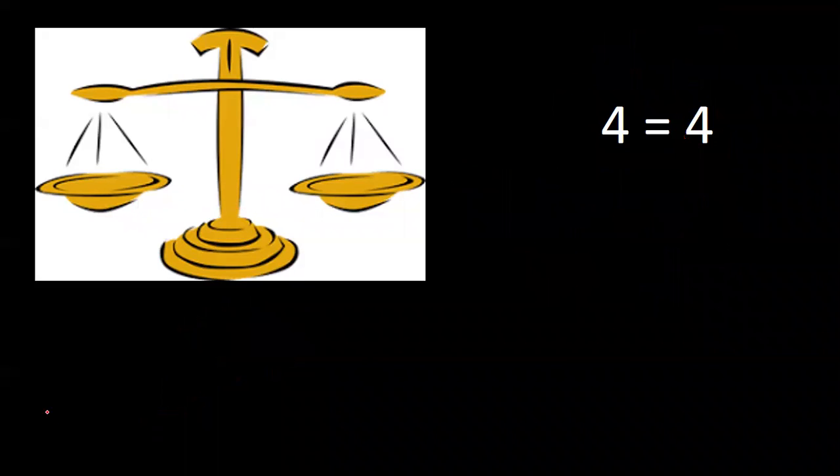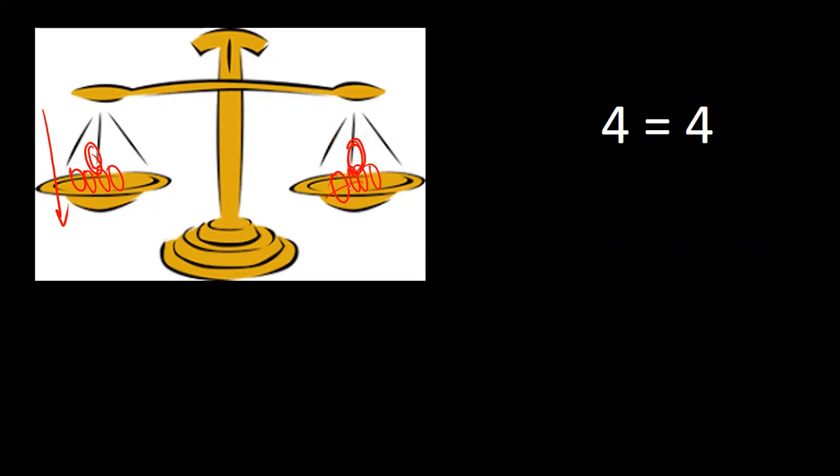So now with the help of this weighing scale, we will learn how to do the transposition method, or how to solve simple equations. Now if I have 4 balls in this and 4 balls in this, it is equal, or in other words, it's in an equilibrium position. Now if I add one ball here, this is going to go down due to the increase in weight. But if I just add another ball here, it's going to balance.